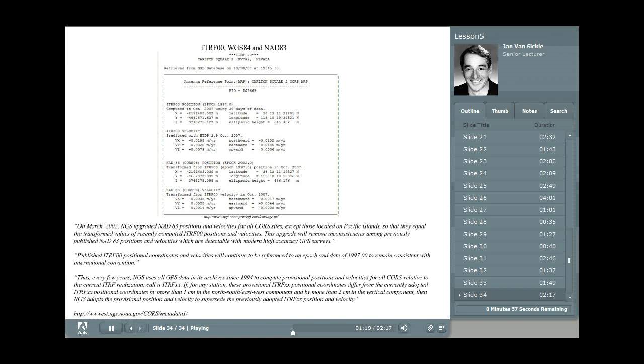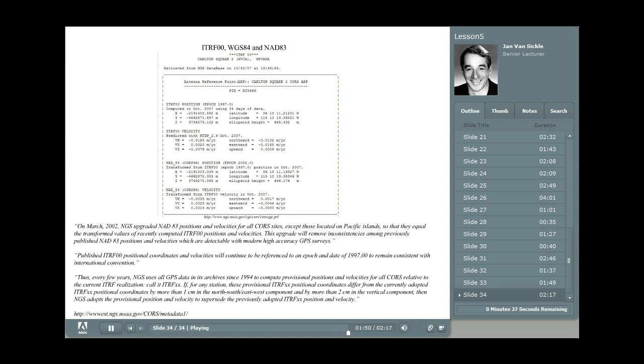Then next, you see the NAD83 positions in the same X, Y, Z, and latitude, longitude, and ellipsoidal height. Now, this is a very, very good resource. You see how these coordinates are different, the NAD83 positions and the ITRF positions. But let's suppose that you were using the CORS Station Carlton Square in Nevada.